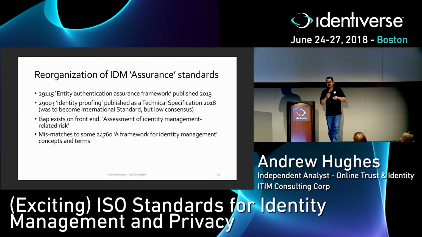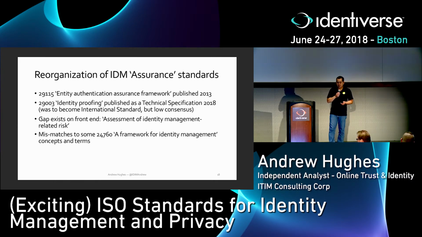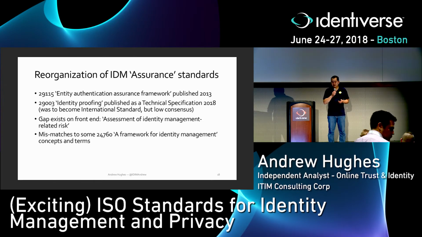If you're familiar with NIST 863, digital identity standards, or any of the frameworks based on this, you'll know that risk assessment is the first thing you do when designing a federated system or identity management system. There's no text that says how you should go about figuring out what identity risk is.